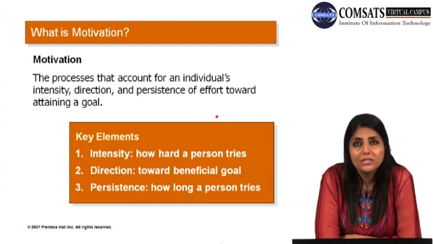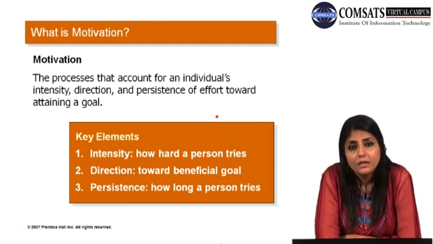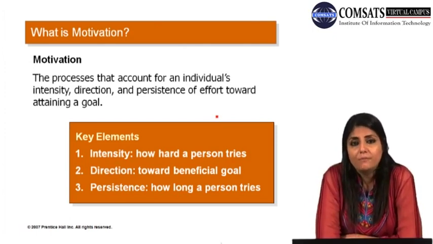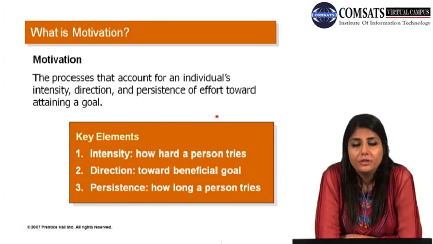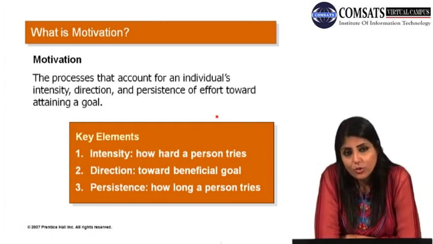Direction is towards a beneficial goal. So this means that you're directed in one way or the other. You have a clear path in front of you, right? You know that you have to take this path. You have a clear direction, a clear path to achieve that goal, whatever that goal is.